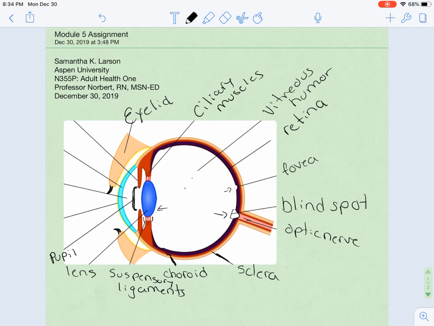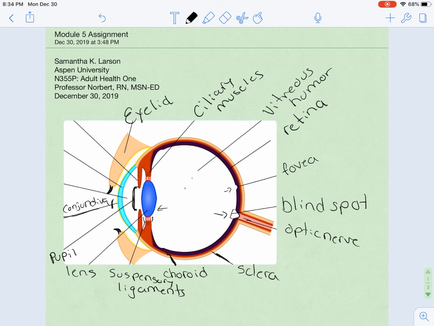All right, and then this roundish part right here is the conjunctiva. The conjunctiva is a thin, clear, protective layer which goes over the surface of the eye and the lining of the eyelids.